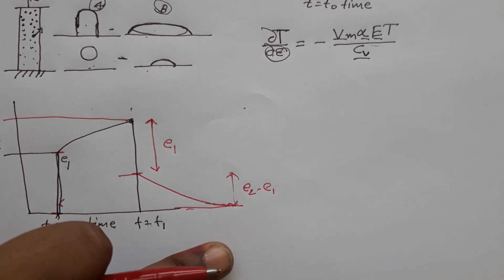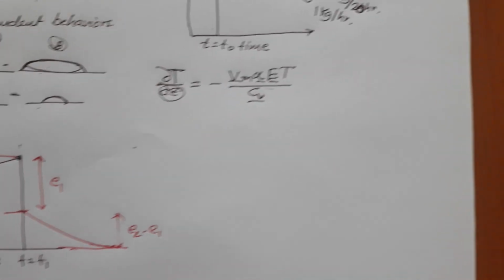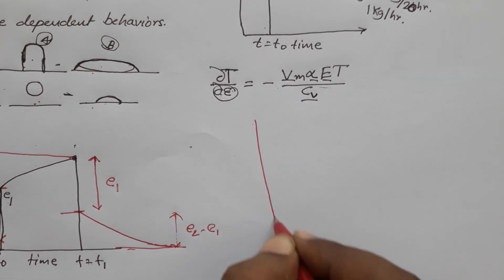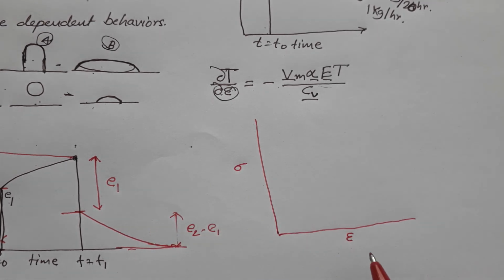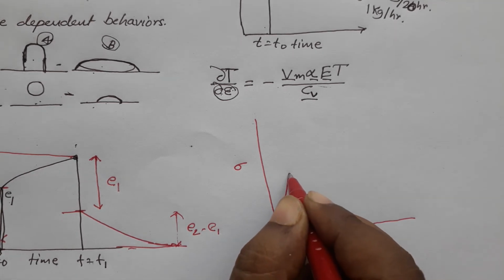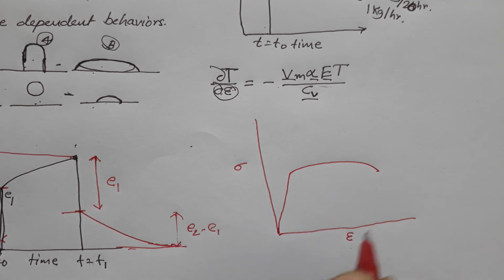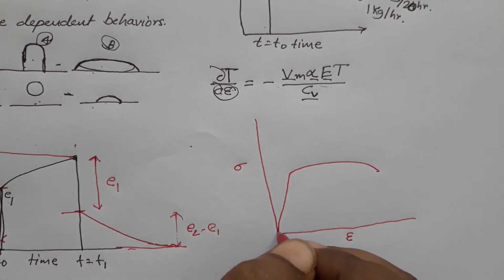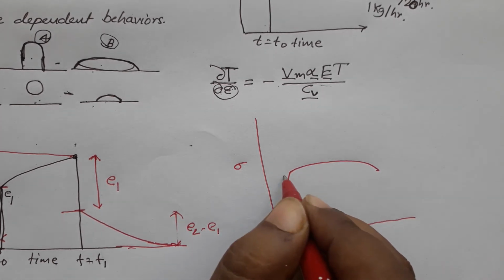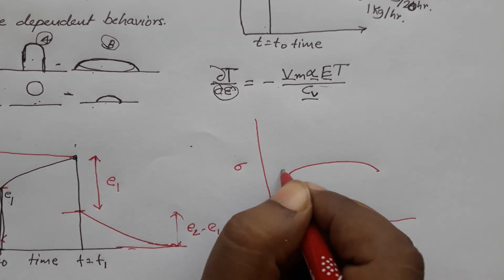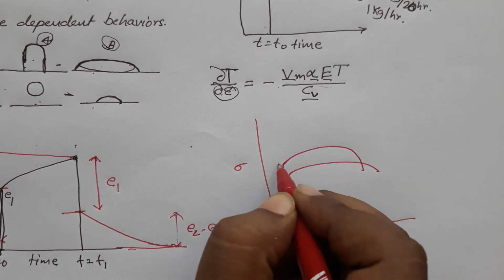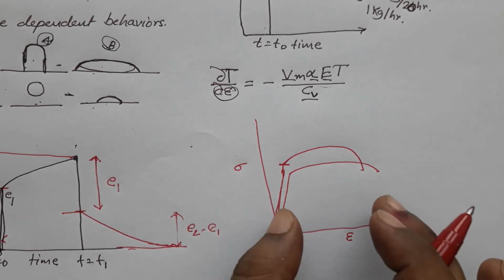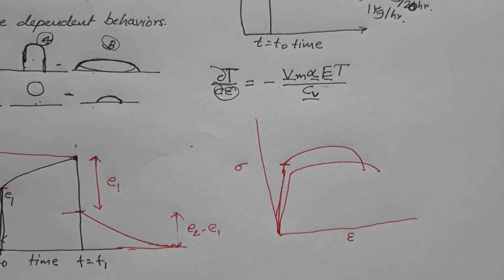Okay. And if we look at the material's deformation, what we have talked about in the stress strain curve, we apply stress and we apply strain, and we have discussed in the tensile test that if you increase the strain rate, so let us say this is the behavior of the material, and then you increase the strain rate and the material deforms in a different way. And usually with an increase in strain rate, you see an increase in yield strength and a decrease in the ductility of the material.